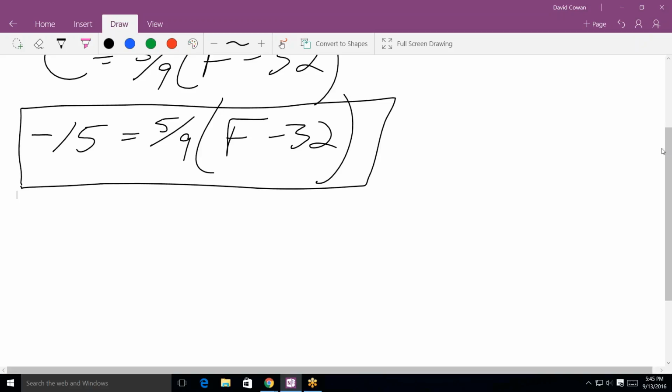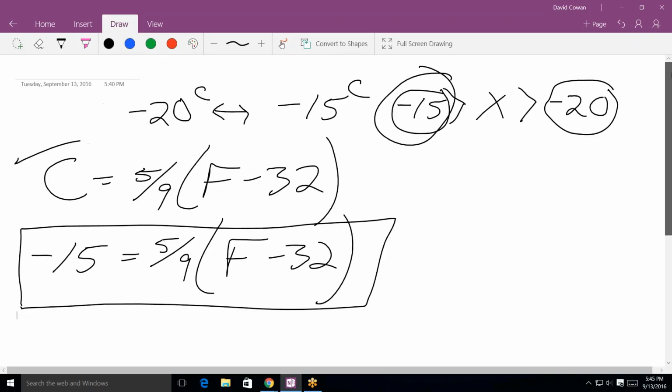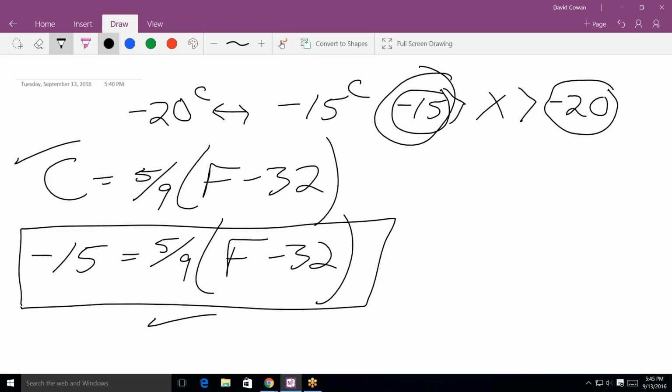We can leave it equal for now, just to make it more understandable. In other words, all I'm going to do is solve that for f, and then whatever number I get for f is what I'm going to put in here for minus 15. And then I'm going to do the same thing for minus 20, solve it for the f that corresponds to minus 20, and stick it in there. So I don't even have to look at this as an inequality problem.